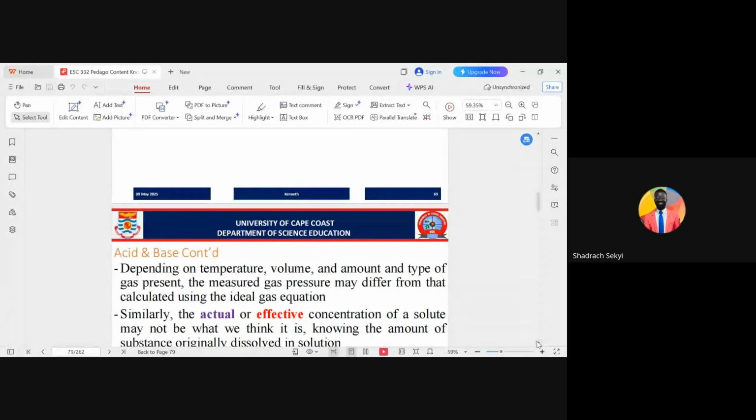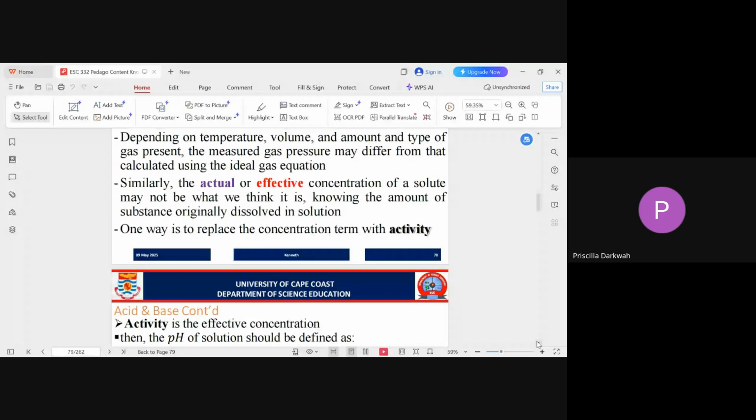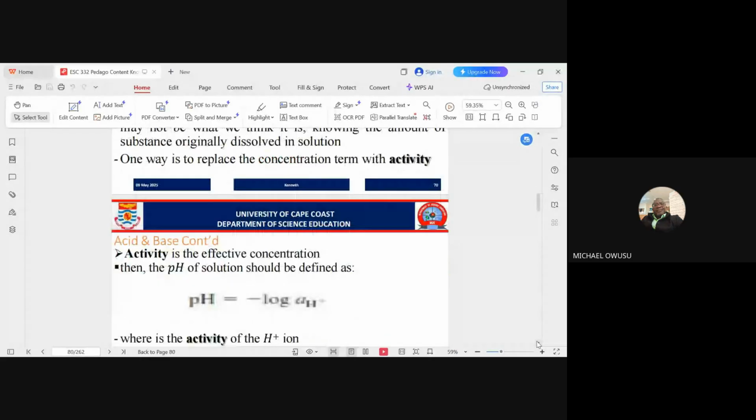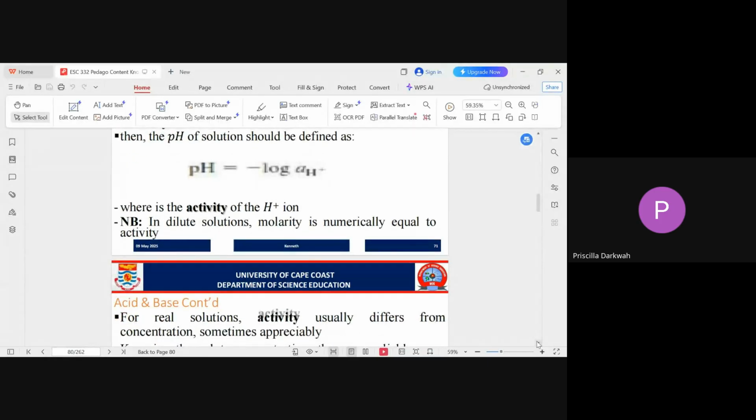Doc, 0.00135 molar. Means everybody will do that. Yes, it's correct. What is correct? The answer you just gave. No, he hasn't given the answer.